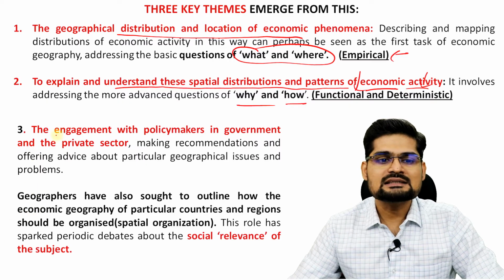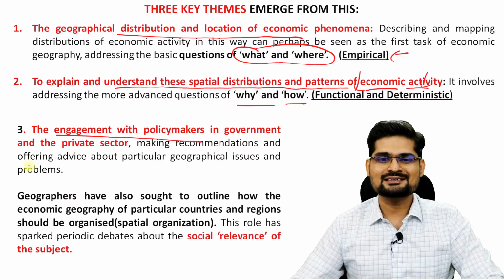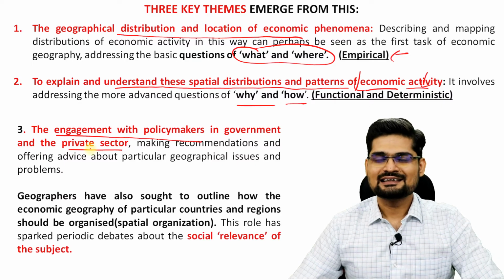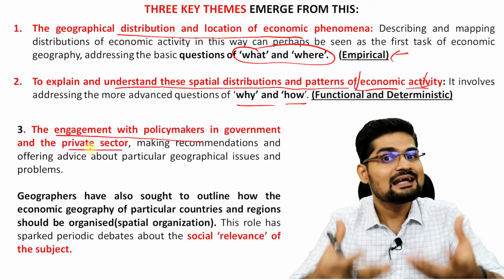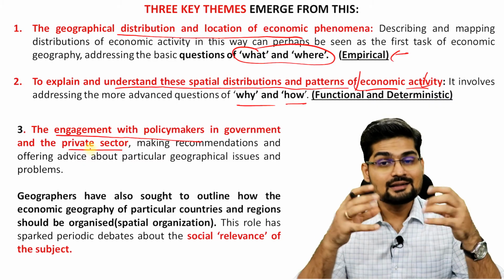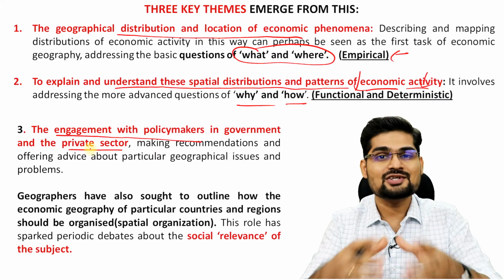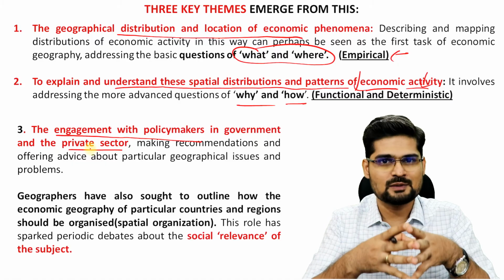And the third one is the engagement with policy makers in government and the private sector. That is the third aspect, applied economic geography, in decision making and in the implementation of economic policies.